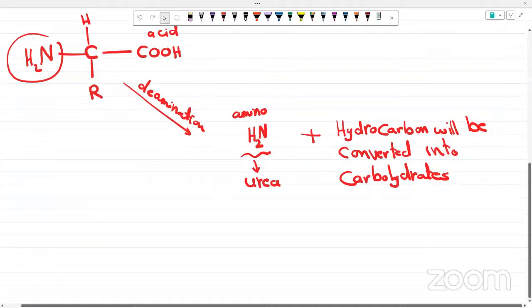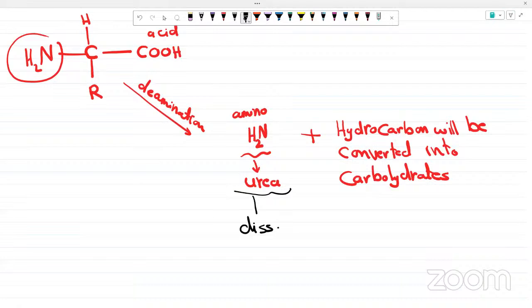Now, this urea will dissolve in the blood plasma, carried by the blood to the kidney, where it will be excreted out of the body by making urine. Or some of this urea can be lost from the body if there is sweating.